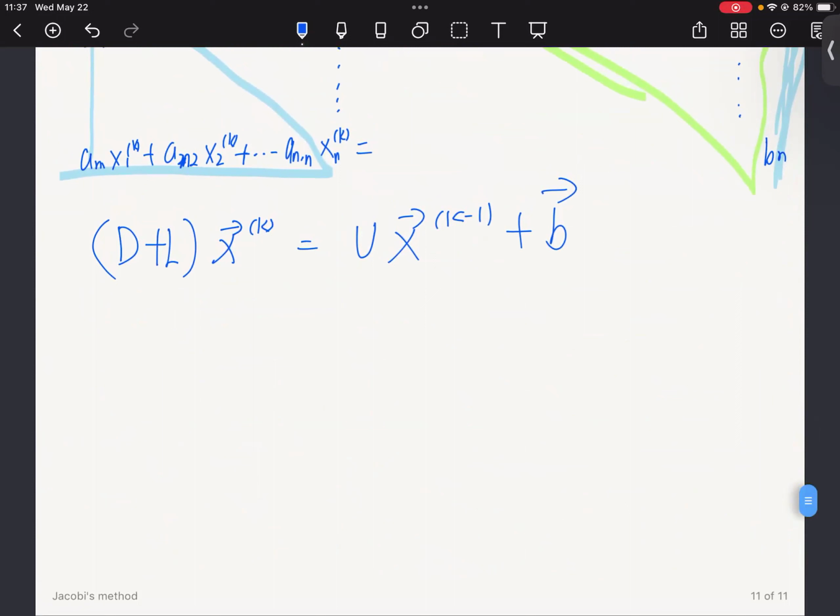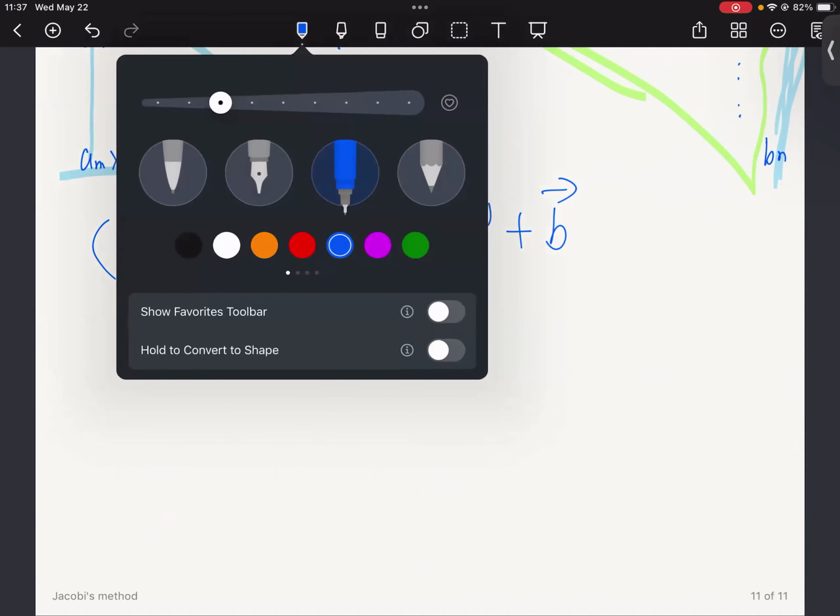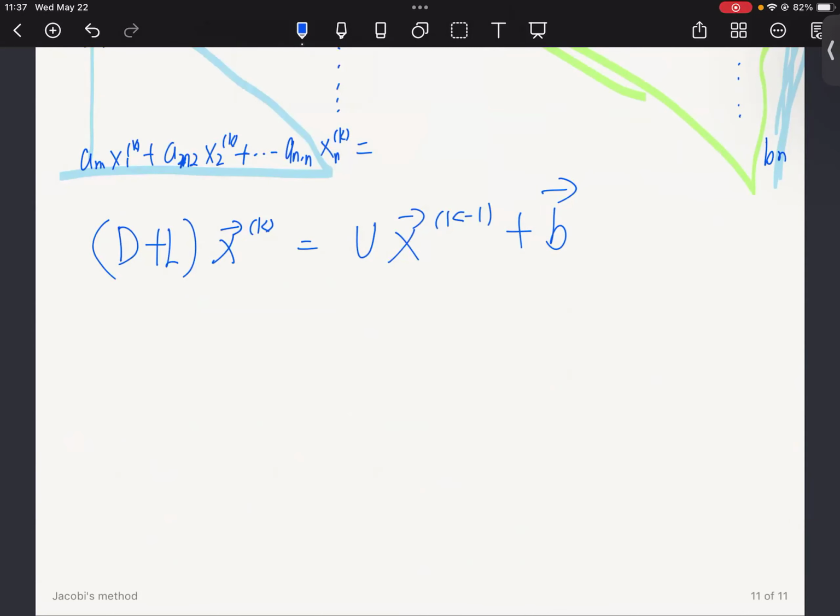So let's see, I'm going to do some subtraction here actually. I believe I can write it this way: x^k equals the inverse of D plus L, times U, times x^(k-1).